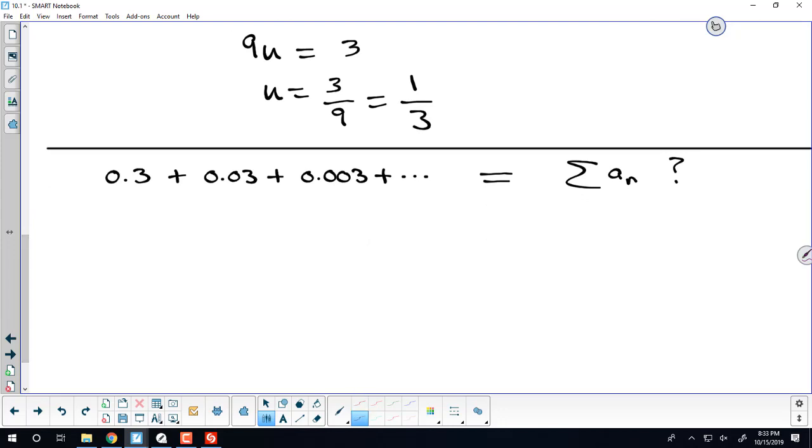So maybe it's conducive to think about this as 3/10, this is 3/100, and so forth. So how will we represent that as a sum?